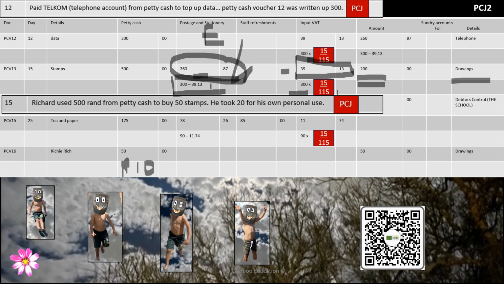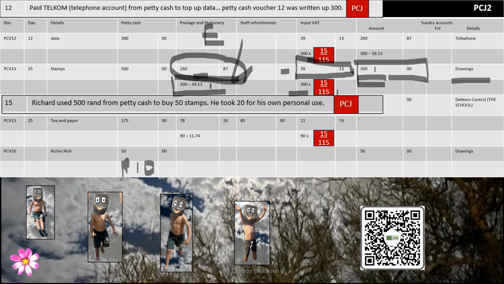What we did there was we claimed input VAT only on the stamps that were being used for Calibu Education, and then the 20 stamps that were being used for the owner in his personal capacity, no input VAT could be claimed on that. And how did I get that 200?